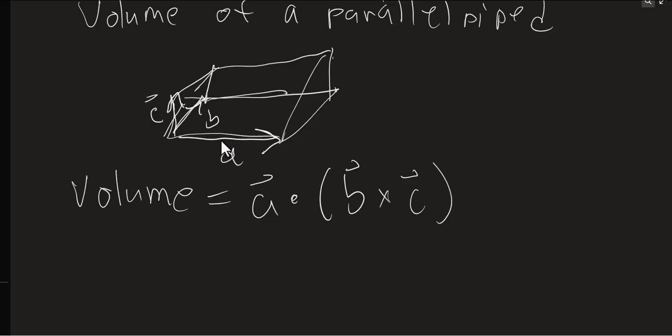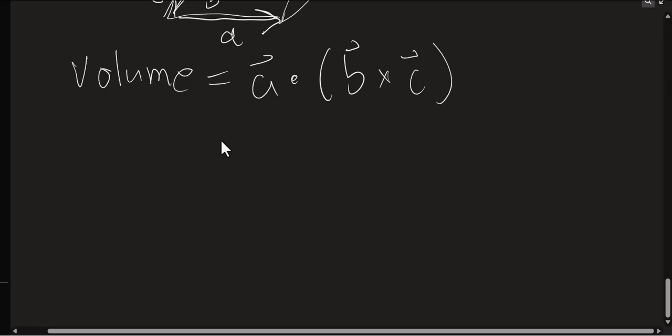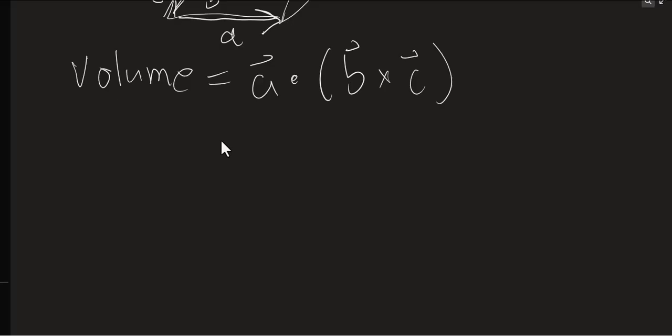This is what I think you're probably going to be asked. That's my guess. It's not hard. It's really not hard. You just have to remember how to do it.